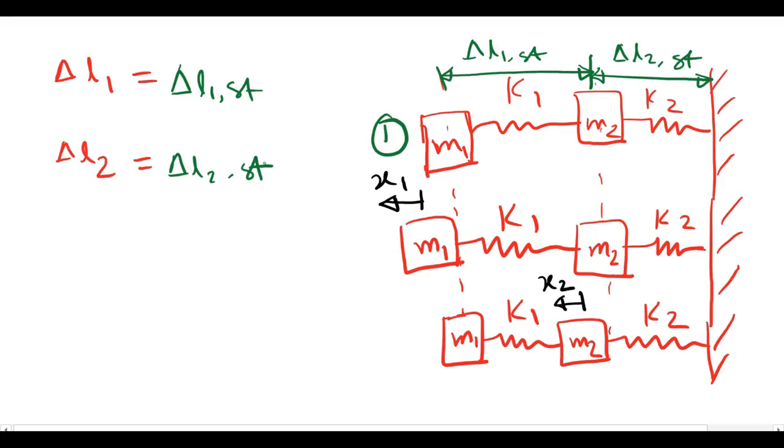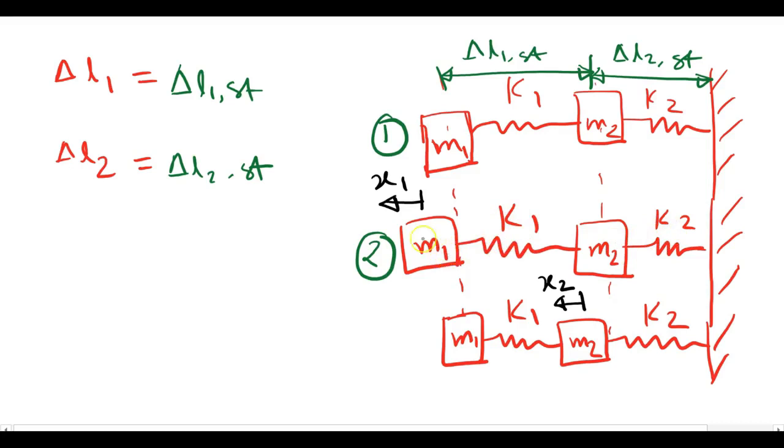Now we want to know what happens when each mass moves independently, and we want to see their effects on the spring deflection. So let's consider the second case, where we consider that this M2 mass stays at its position while M1 is moving to the left side with a deflection x1, and we want to know what will happen to spring 1 and spring 2.